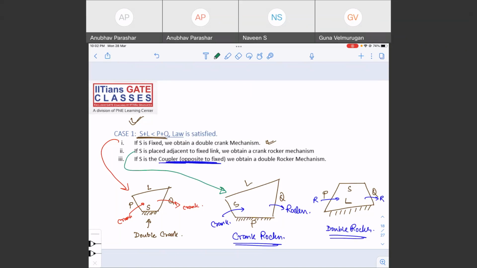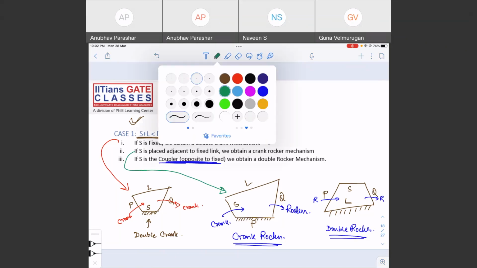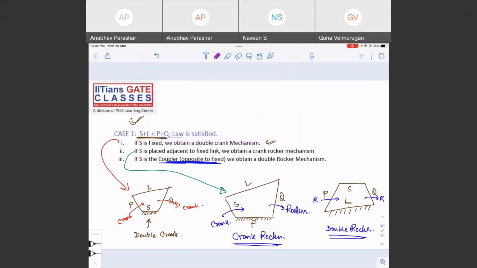The smallest link will be the crank, the other link will be a rocker. And if the smallest link is placed opposite to the fixed link, the link opposite to the fixed link is also known as the coupler, we obtain a double rocker mechanism.